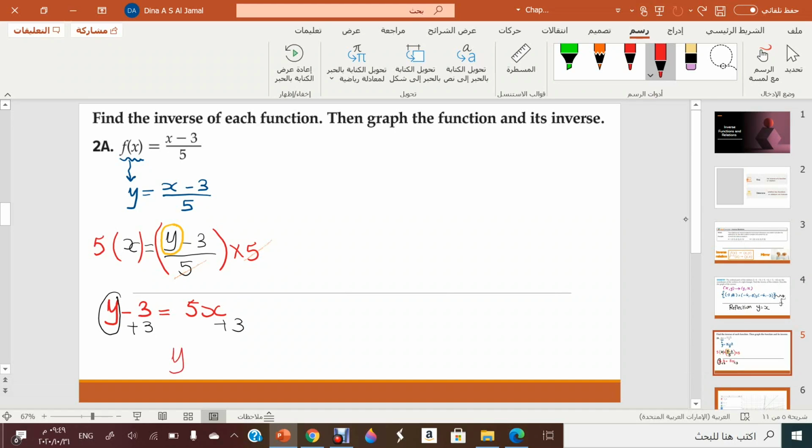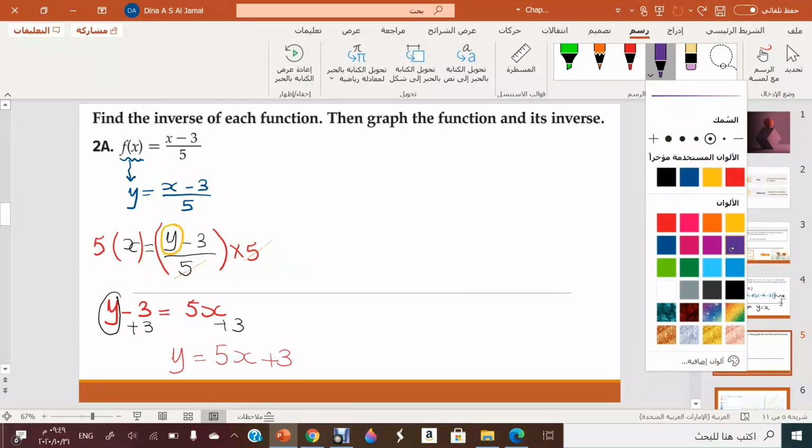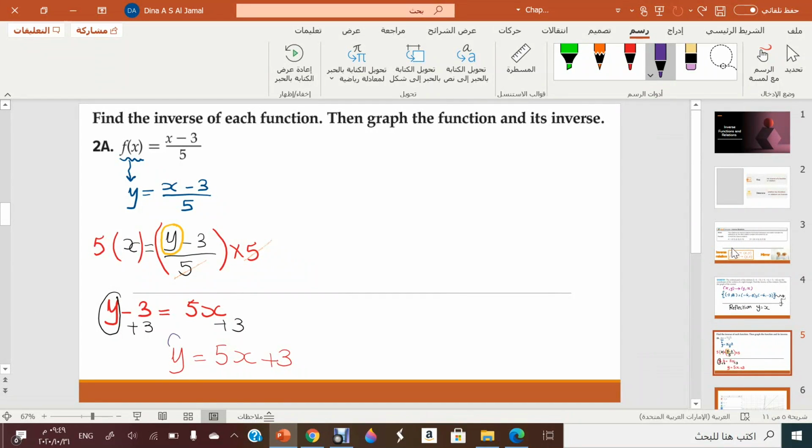Then you will be having y equal to 5x plus 3. And last step, you need to remove the y and put the symbol for the inverse. f inverse of x equals 5x plus 3.